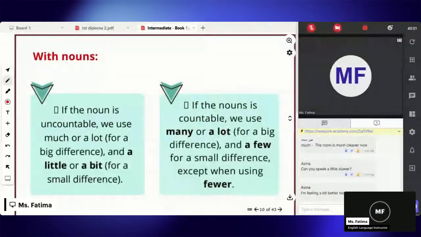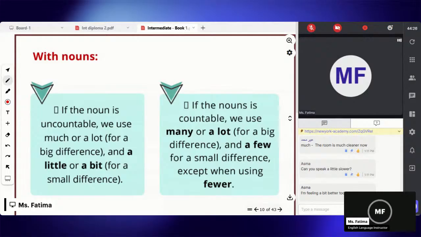But with countable nouns, things that we can count, one, two, three, four, five of them, we say many, many things. So many people, many items, many tables, many chairs, many girls, many books.